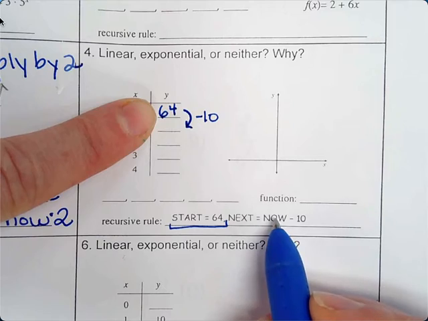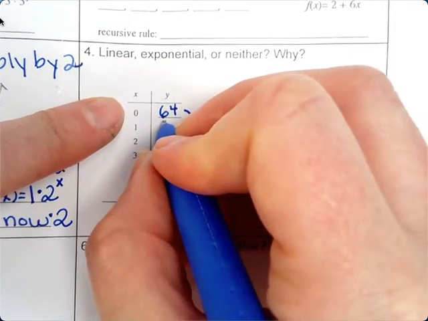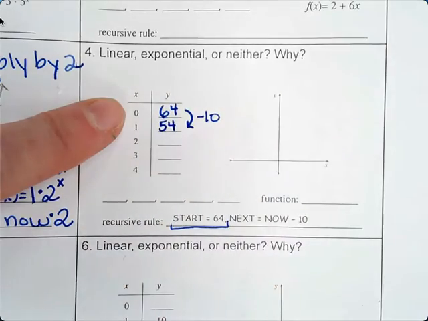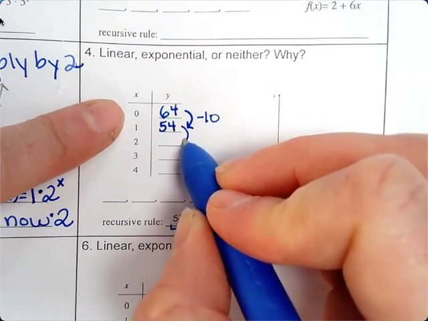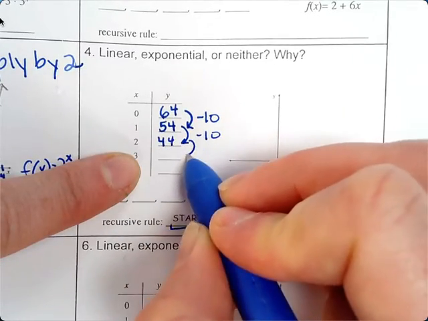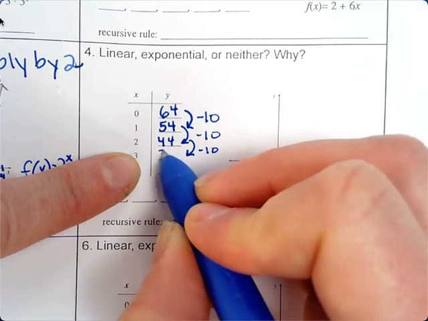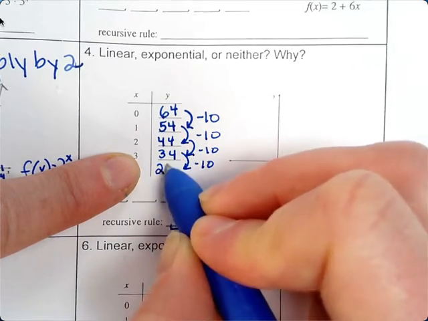So we have 64 now. Subtract 10. Take 10 away from 64, you get 54. Do it again, minus 10: 44. Minus 10: 34. Minus 10: 24.